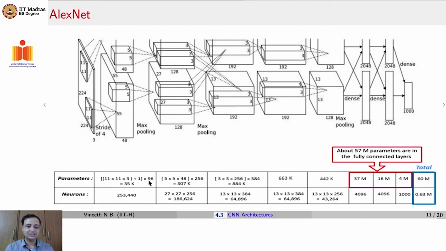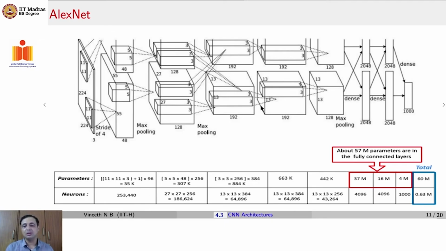Coming back to the parameters, the total number of parameters in the first layer was 11 into 11 into 3, size of the filter, plus 1 bias, into 96, the total number of filters, which roughly comes to about 35,000. On the other hand, the number of neurons is given by the size of the image itself, which is 55 cross 55 into 96, and that turns out to be 253,440.